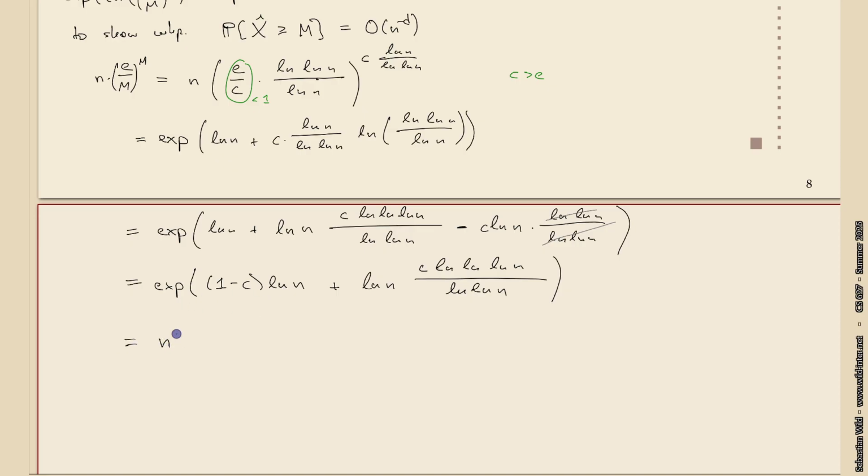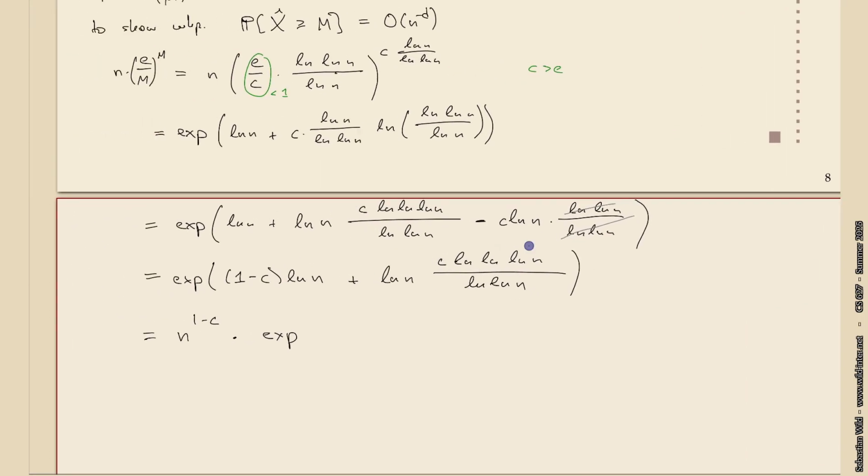Then that becomes an n to the 1 minus c times the exponential of this part, what's left.